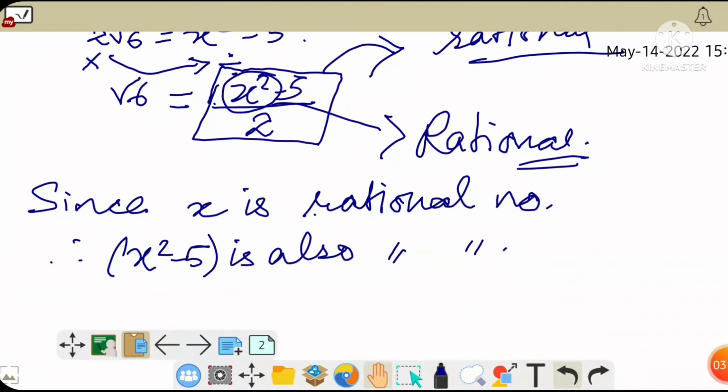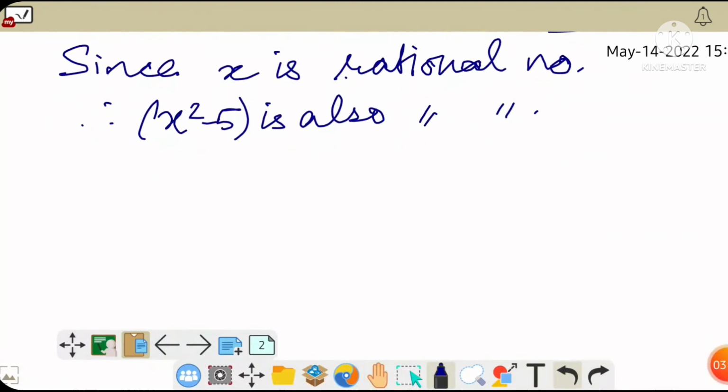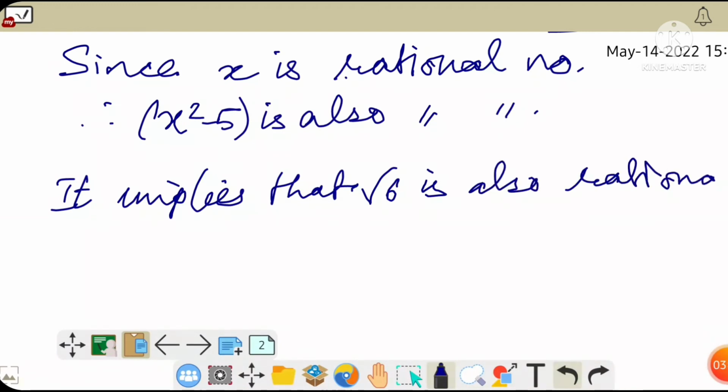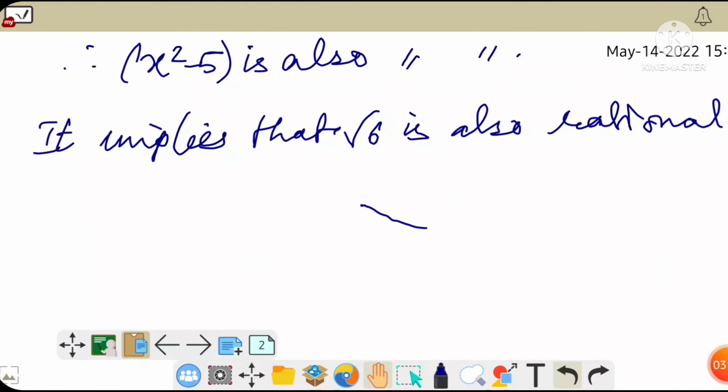So from here we got to know that root 6 is also rational. But you know that root 6 is not rational.